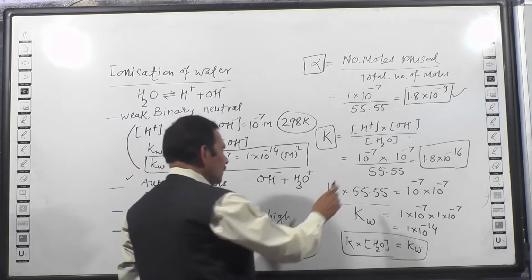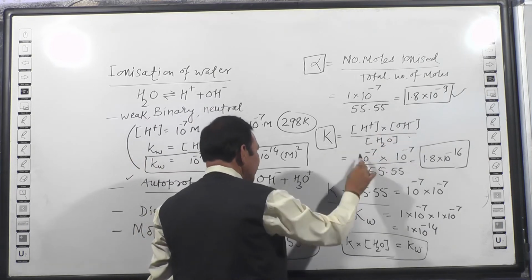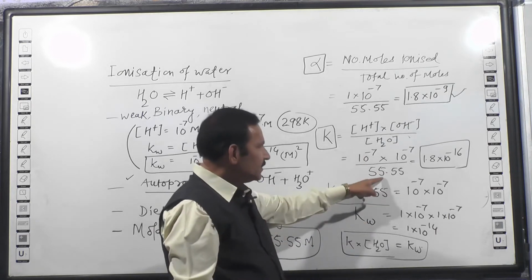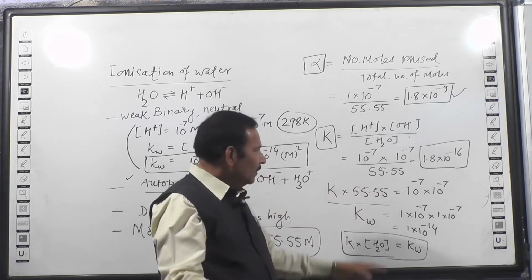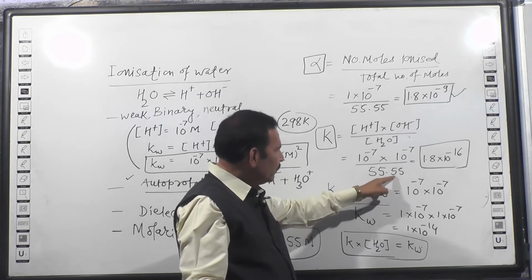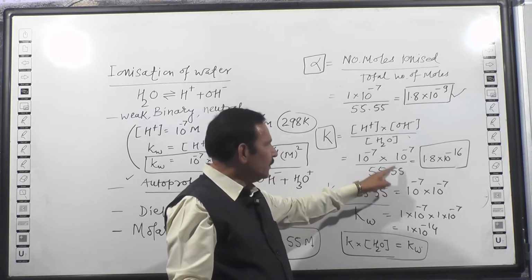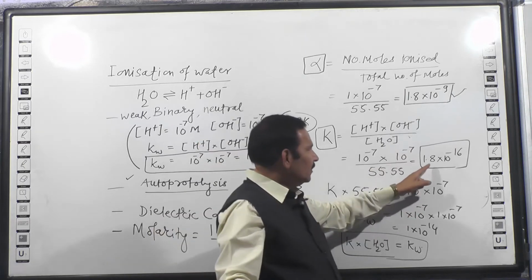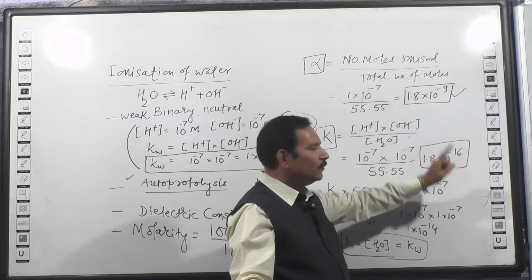So here, these are the products, this is reactant, these are the values, this is the value of concentration of water, and again 1 divided by 55.55 is 0.018 into 10 to the power minus 14 can be simplified, converted as 1.8 into 10 to the power minus 16.